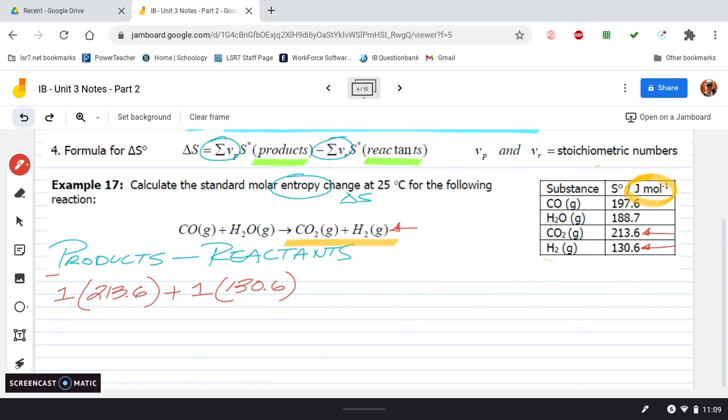Then products minus reactants. So 1 times 197.6, and that's the carbon monoxide, plus 1 times the water. Now there's the water, 188.7.